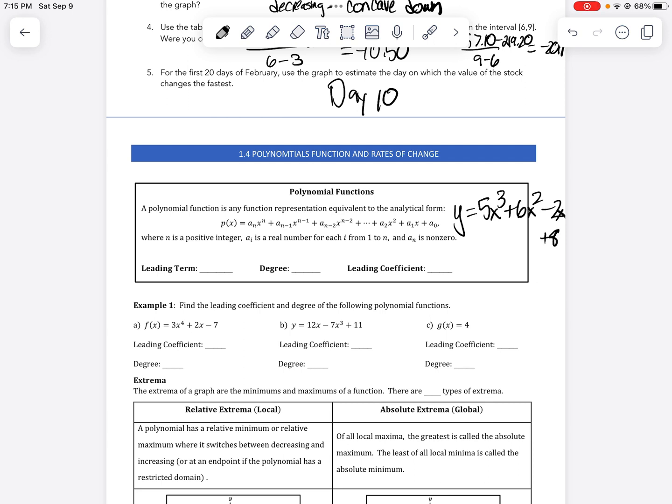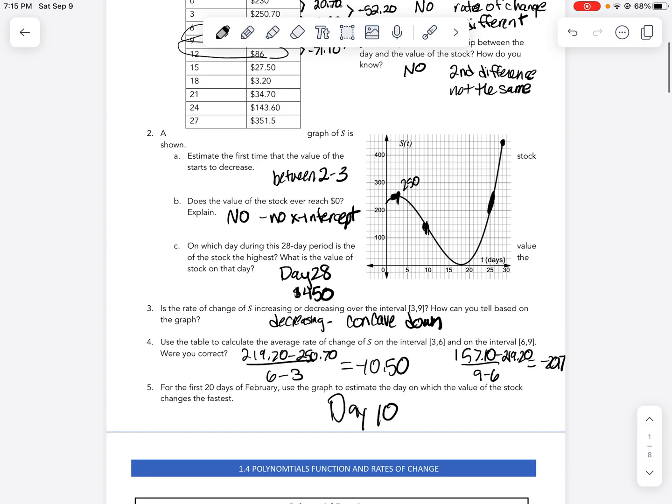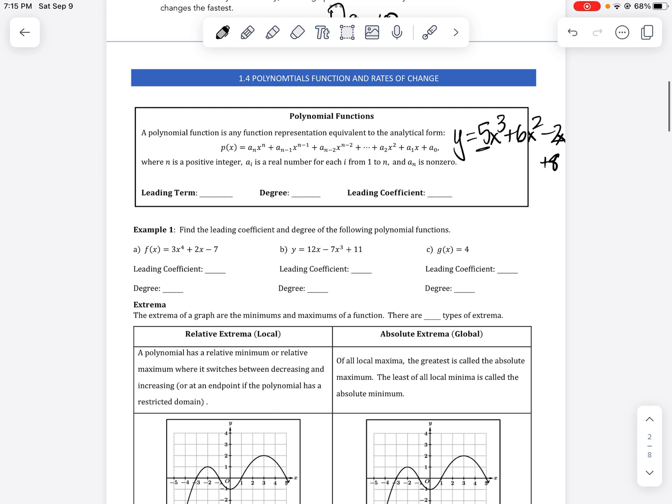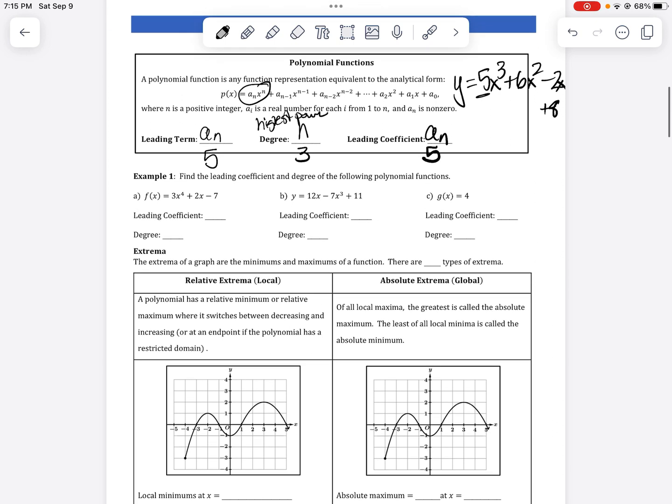The leading term is that one out in front, a sub n, in our case is 5x cubed. The degree is the highest power, in this case, that n. So highest power, and in our case, it is 3. And the leading coefficient is that number out in front. So that would be 5.